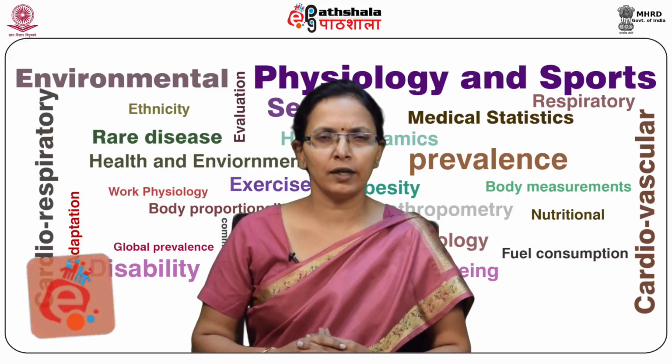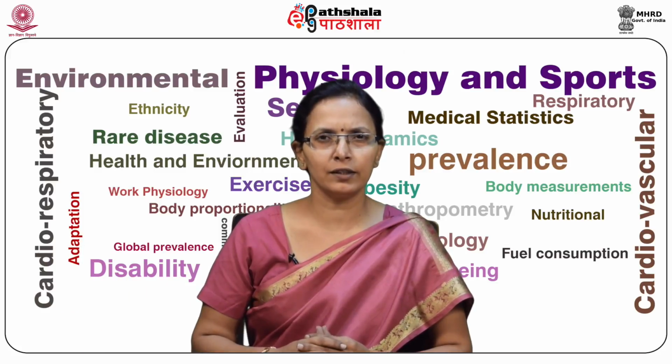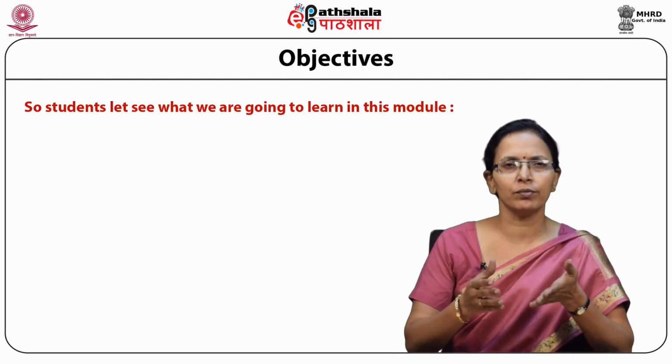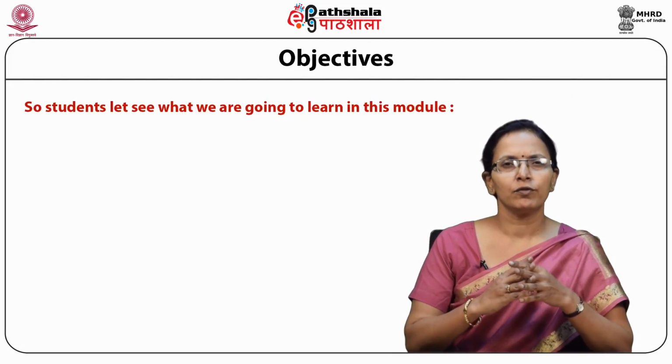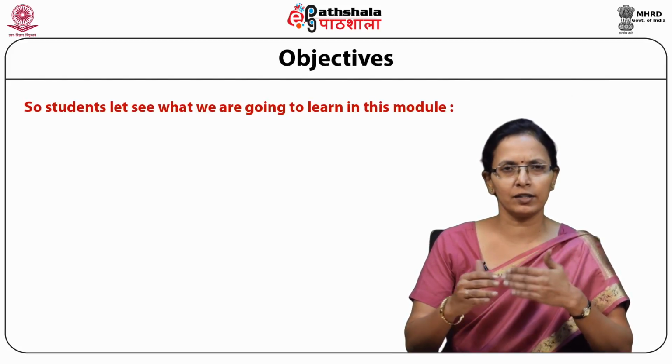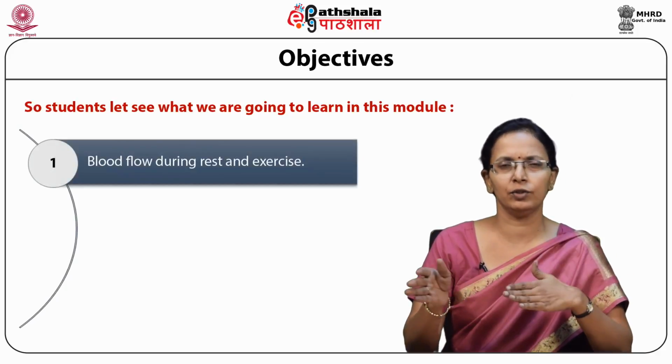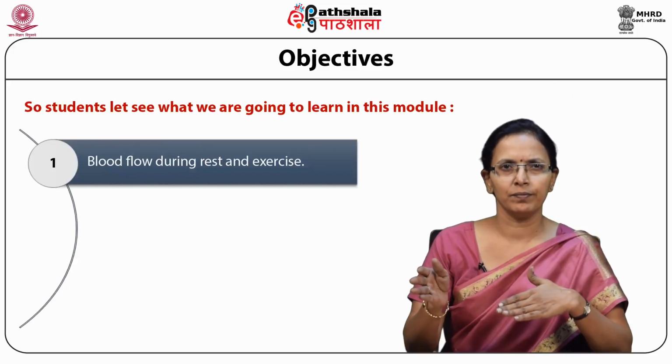Today we will study the module titled Hemodynamics and Exercise under the paper Physiology and Sports Anthropology. So students, let's see what we are going to learn from this module. From this module, we'll try and understand the blood flow during rest and during exercise.